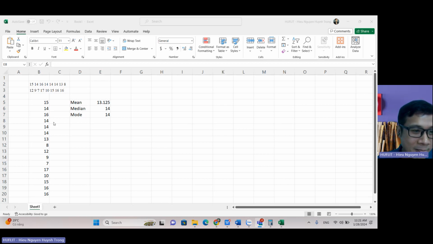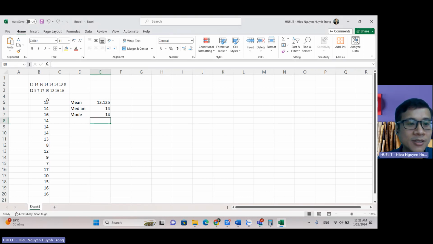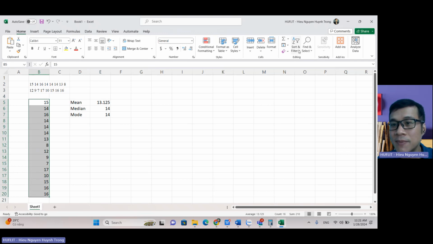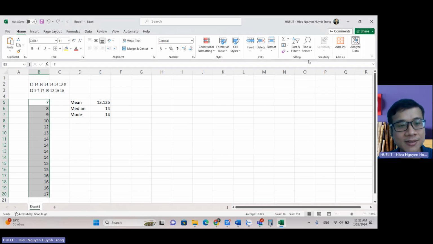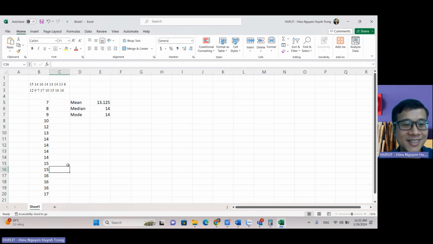You can see that 14 appears 3 times in the data set. That is why it is the mode. If you want, you can also sort the data set from the smallest to the biggest number. You go to this tab and choose sort from smallest to largest.